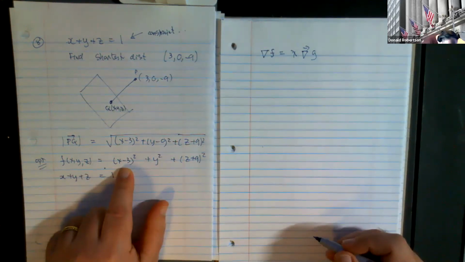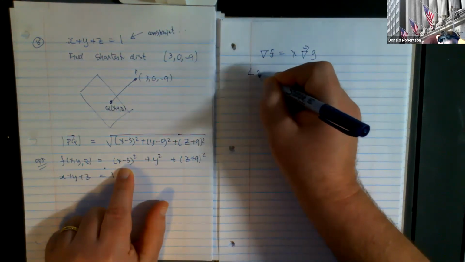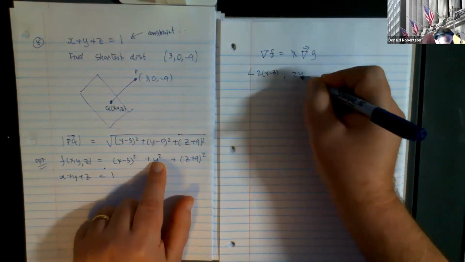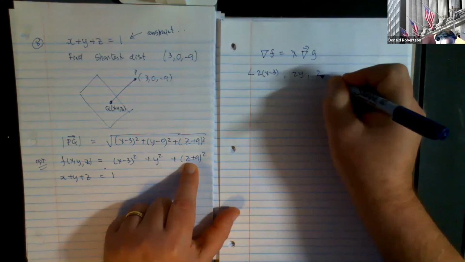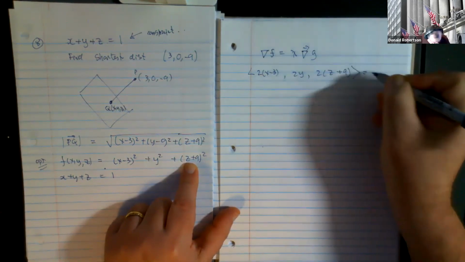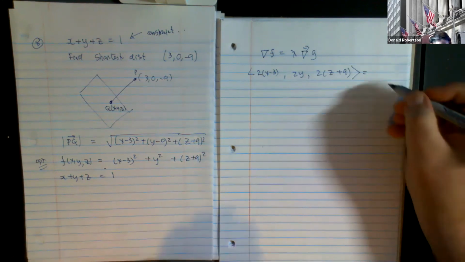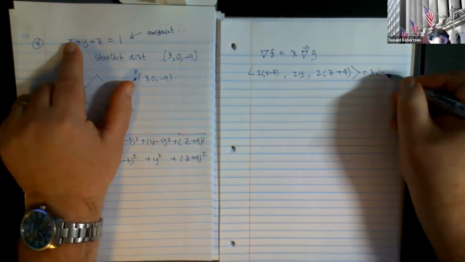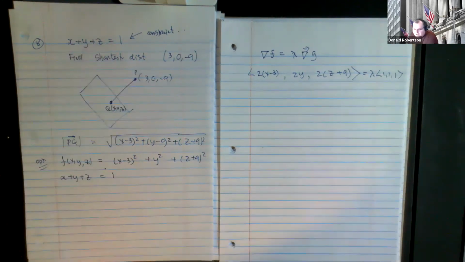Now, let's see what we have. With respect to X, this guy is 2 lots of X minus 3. With respect to Y, this guy is 2Y. And with respect to Z, you've got this guy. And it's going to be lambda. Oh, you can't get much nicer than that, would you agree? 1, 1, 1.